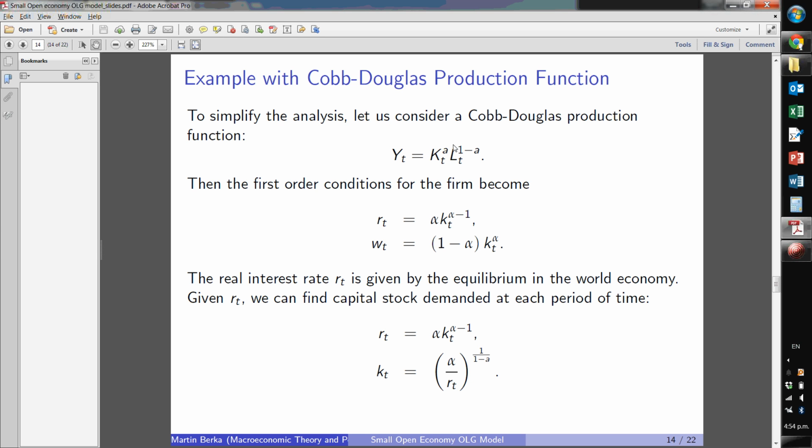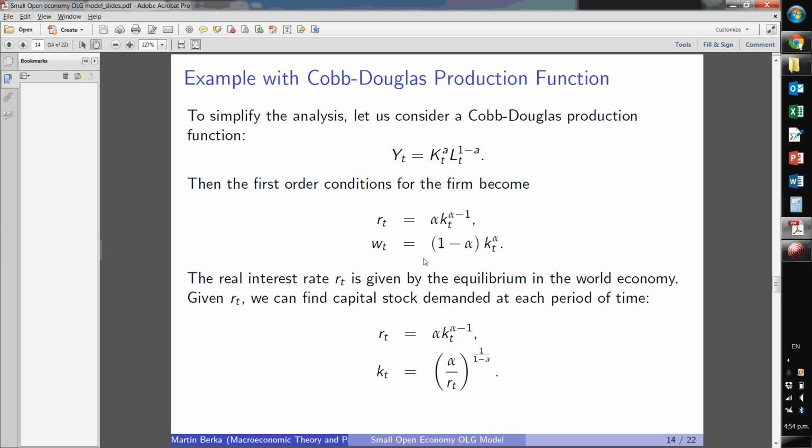There was a mistake when I went from this line to this line. Anyway, alpha is the weight of capital stock in the production function, or in a country's income. So the first order conditions for the firm just become explicit for this particular functional form.